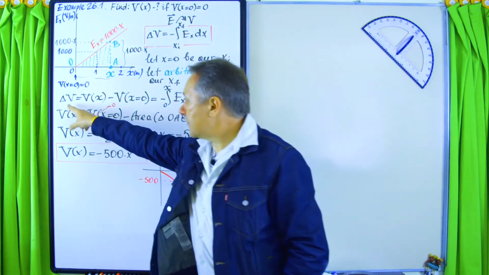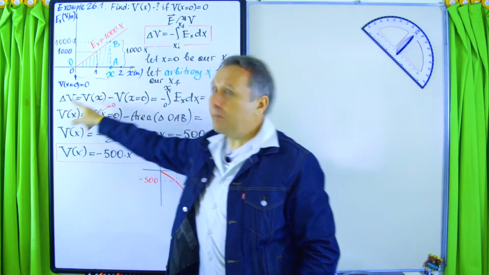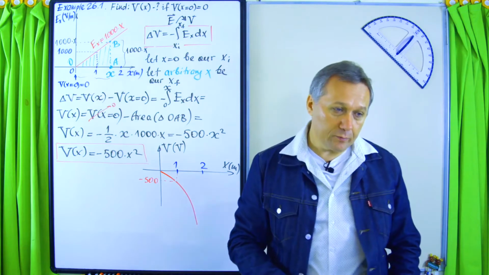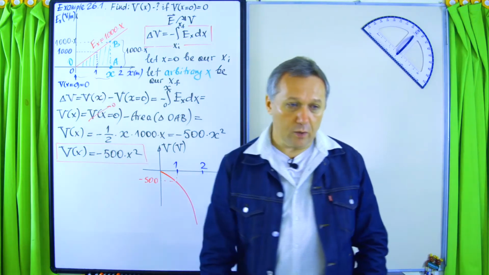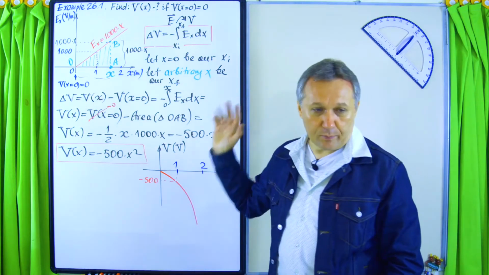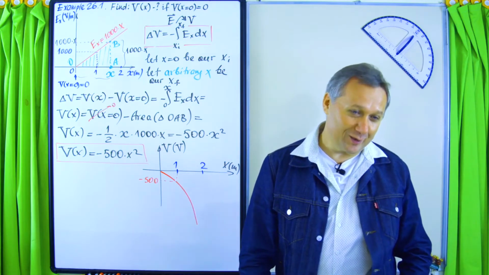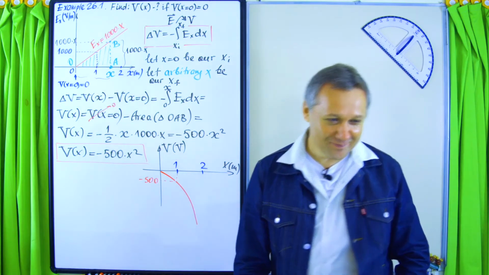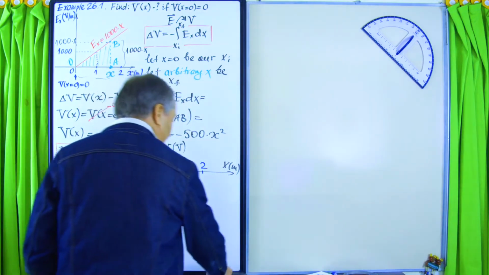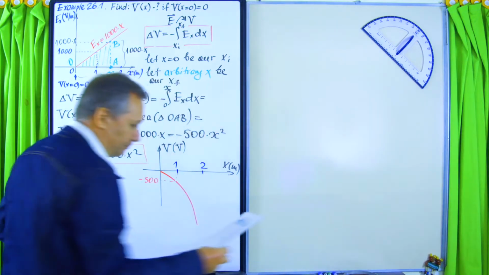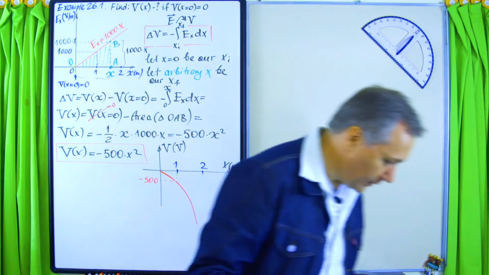Only delta V. But with this additional piece of information, we can actually find the value of the potential, in this case at any point. Otherwise, we will be able to find only potential difference. Okay, so that's the example. It's a nice example.